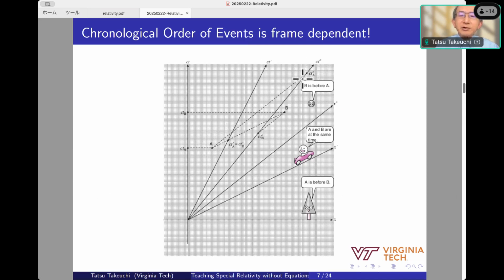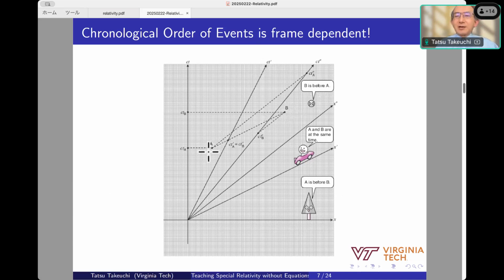You can read it off from here, whereas the time coordinate of point B will be down here. So in the frame x, ct, A happens before B. In frame x prime, ct prime, A and B are happening at the exact same time. And in the frame x double prime, ct double prime, B is happening before A.